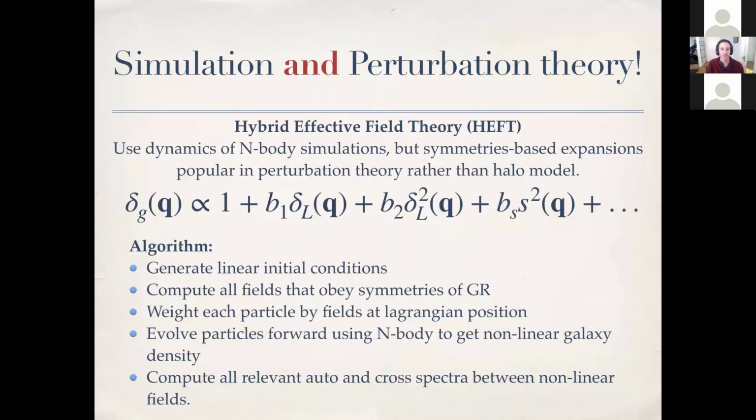But luckily, in the last 5 years, or well, actually 2 years, we've begun to develop an alternative to this halo occupation distribution model that still allows us to use the nice properties of the n-body simulations that I was talking about.